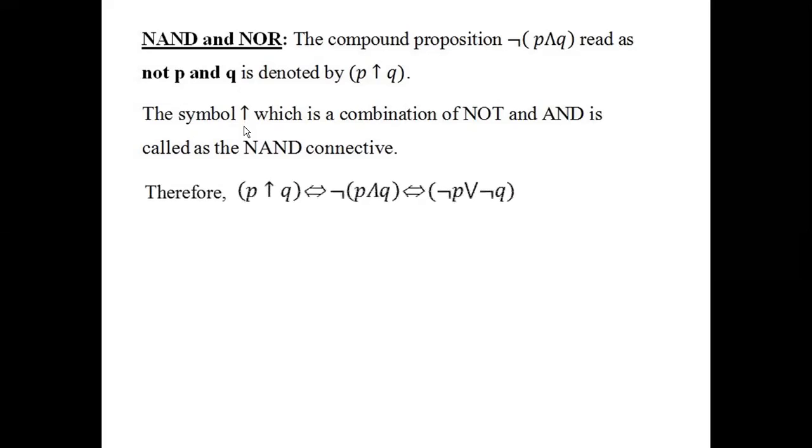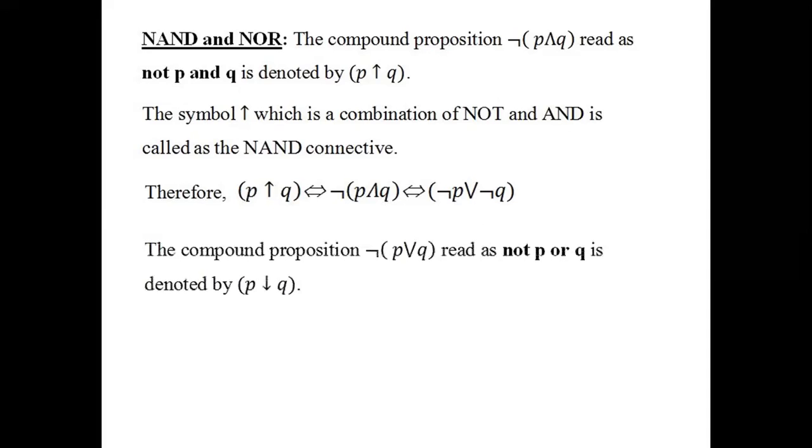Therefore, P NAND Q is logically equivalent to negation of P and Q, which is logically equivalent to negation P or negation Q using De Morgan's law. The compound proposition negation of P or Q, read as not P or Q, is denoted by P down arrow Q.